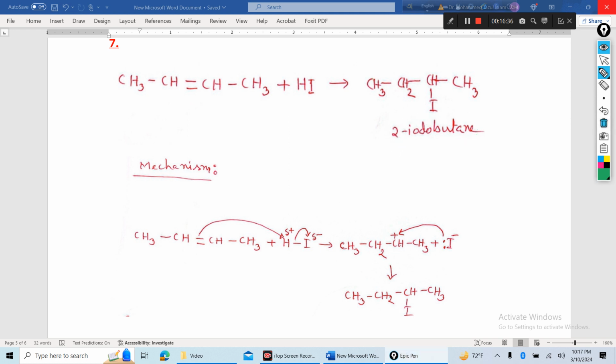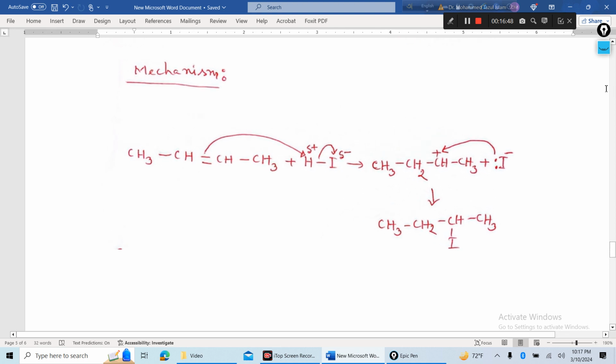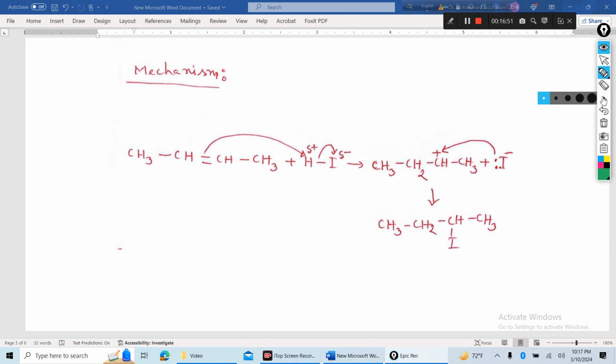Now the reaction type is electrophilic addition reaction. So you should see the mechanism of this reaction. First, iodine is more electronegative, so iodine takes the electron, it becomes partially negative, and hydrogen becomes delta plus, partially positive.